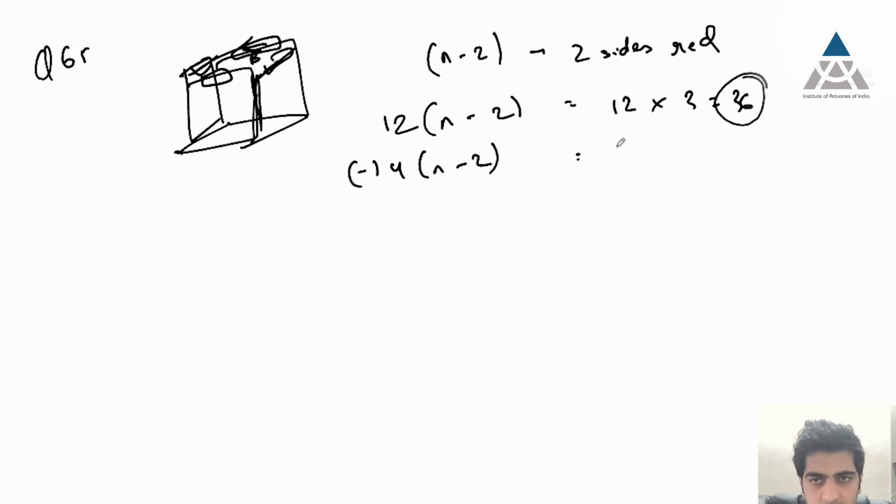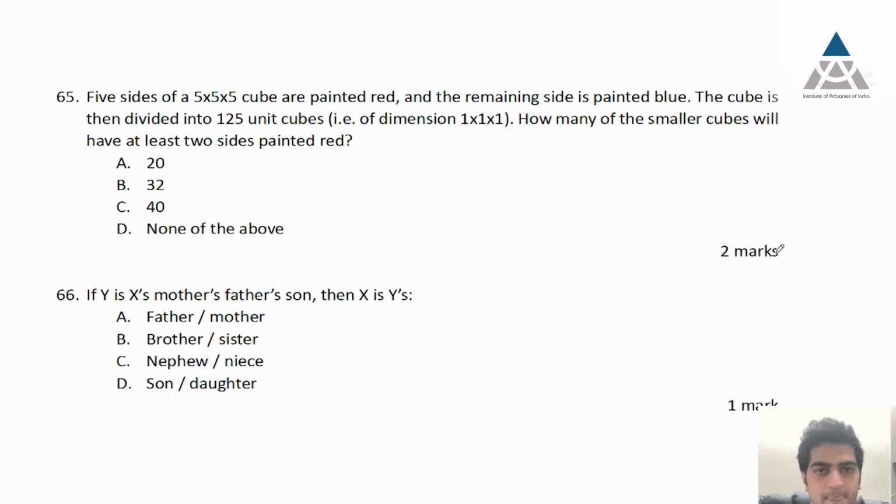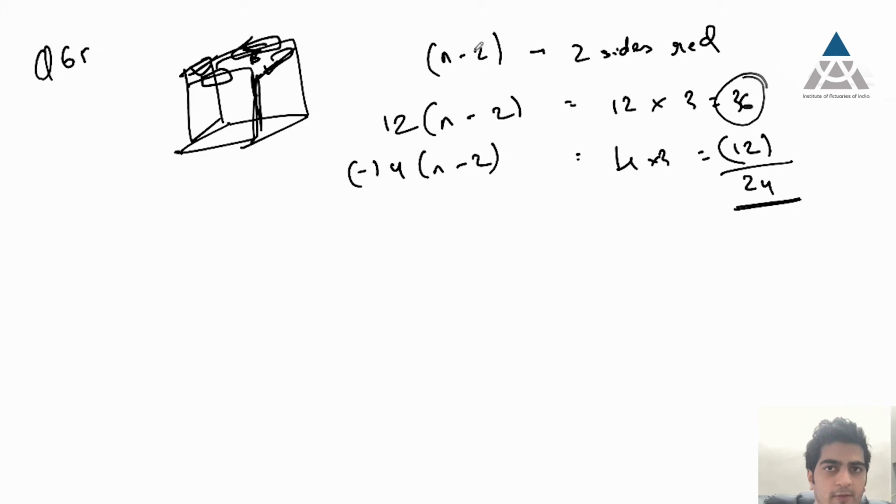So that means 4 into 3, that's 12 out of this 36 which will have one side red and the other side blue, and that's why in total we will have 24 cubes which will have two sides painted red.